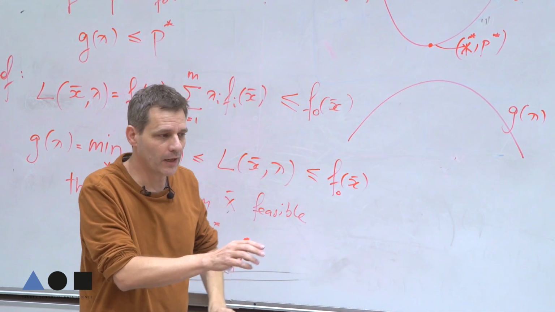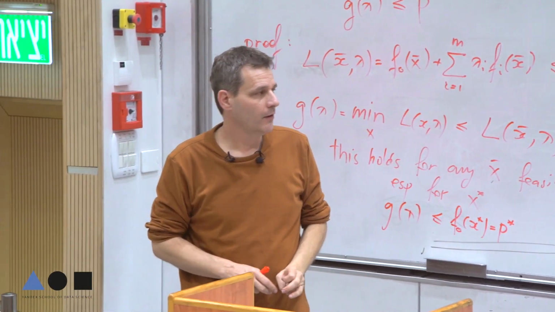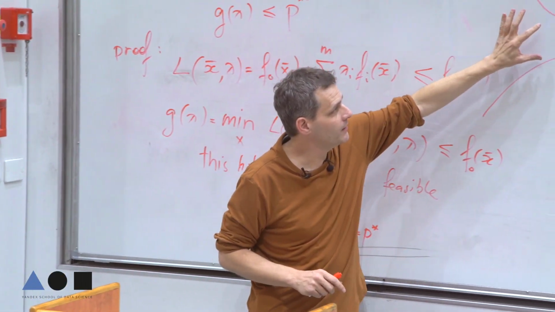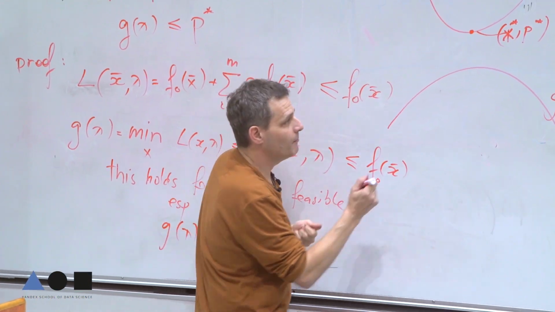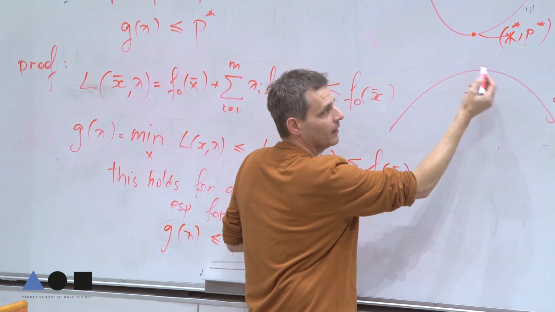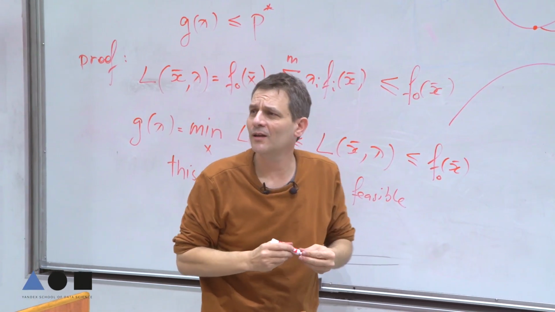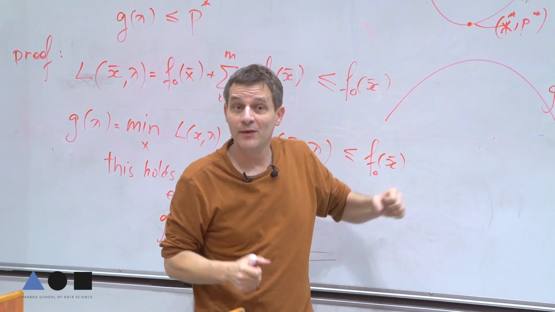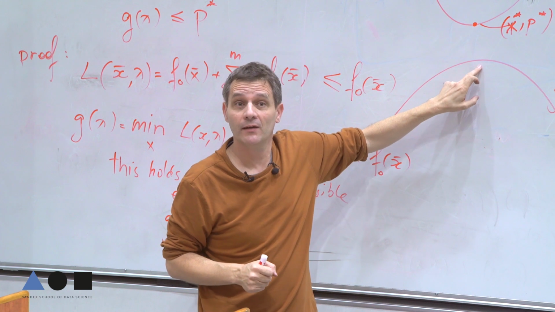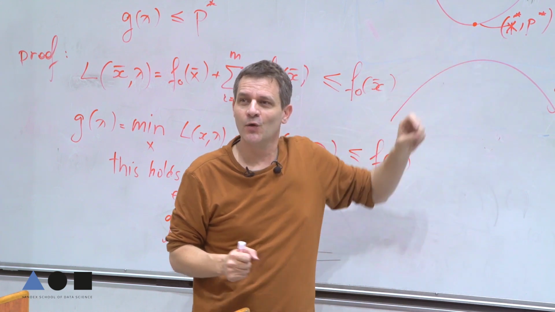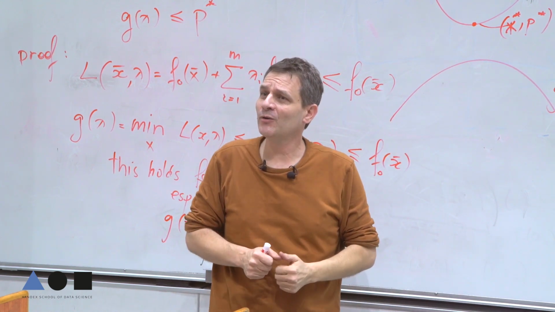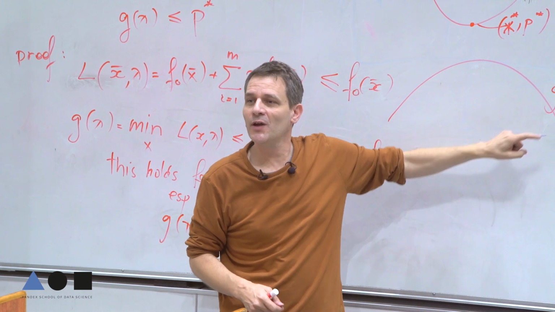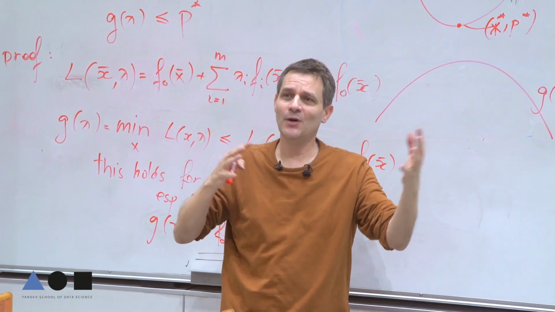And I can tell you, perhaps we're going to prove it next time, that there are special cases where this gap is 0. Let me just stress the thing. g of lambda gives you a lower bound, and the best lower bound is the maximum of g of lambda. So to find the best lower bound, you want to maximize g of lambda. So you have these two dual optimization problems.